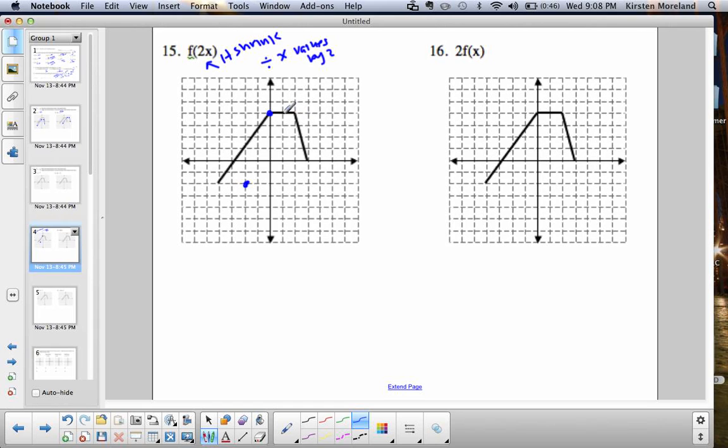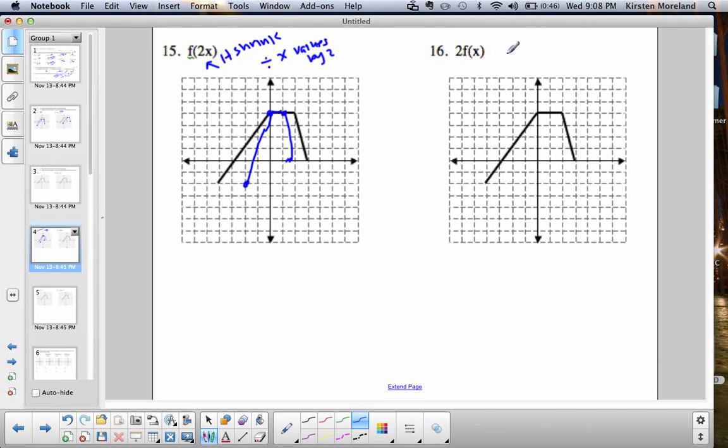This one was originally 2, divided in half, I get 1. This was originally 3 to the right, now it's going to be at 1.5. So I connect it, and I can see that now my graph is compressed horizontally. It's squished together in the horizontal direction.